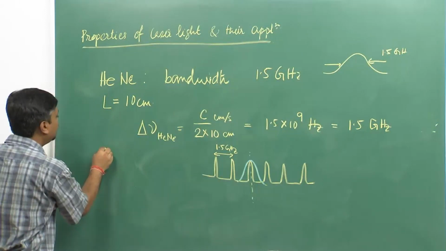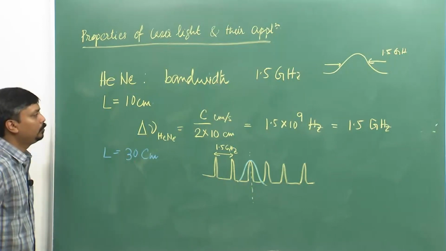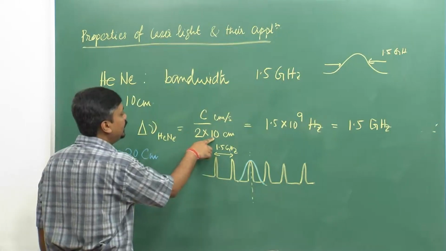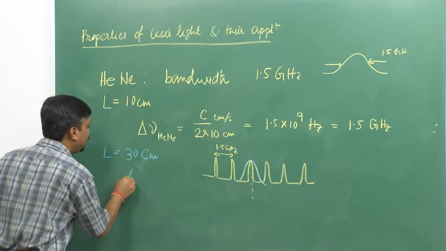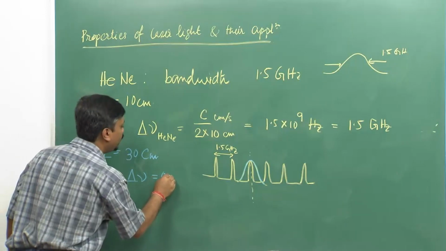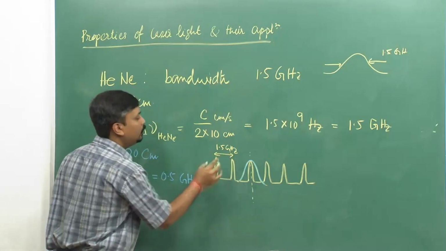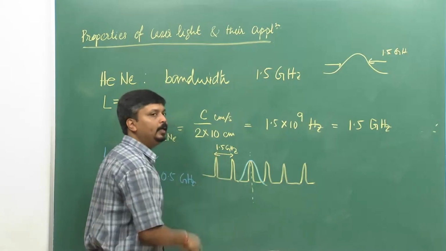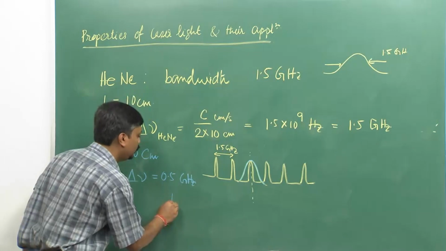Suppose I would have another case, L equals 30 centimeter. If L would be 30 centimeter, what would be the case? Here it would be divided by 3. So in case of 30 centimeter, my delta nu would be 0.5 gigahertz. So that means this distance is now 0.5 gigahertz. So for a given bandwidth of 1.5 gigahertz, I can easily figure out that there will be 3 modes, right?